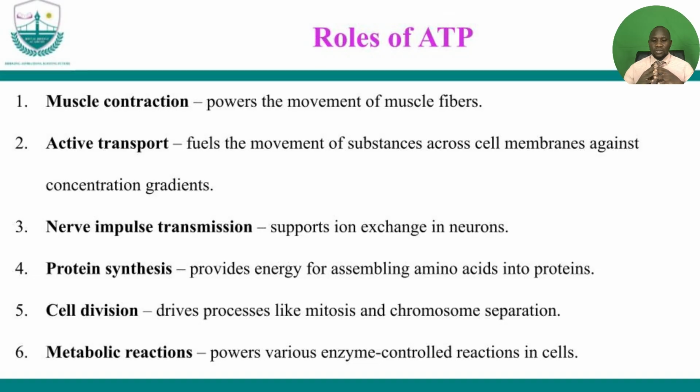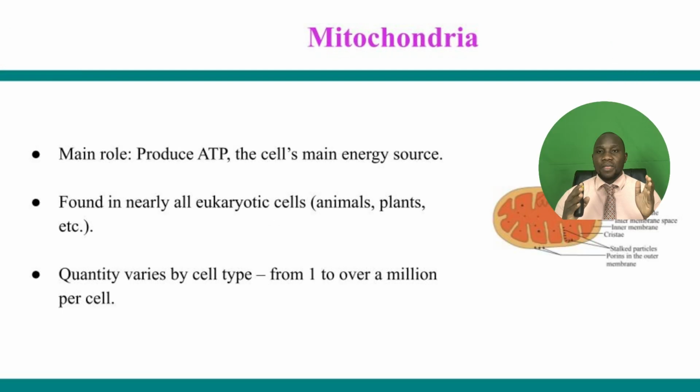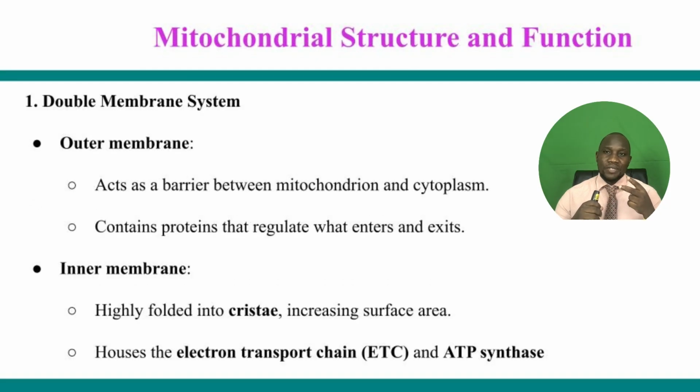Now, the next part is to discuss how the mitochondrial structure supports ATP production to meet the energy demands of a marathon. We are saying that the mitochondria is the cell organelle that is required for energy production. The mitochondria has two main stages of respiration that happen in it.